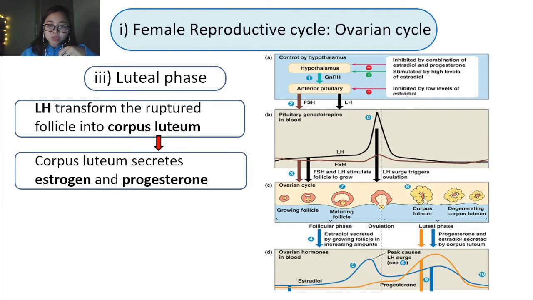So, this yellow thing will produce estrogen, which is blue, and progesterone, which is orange.